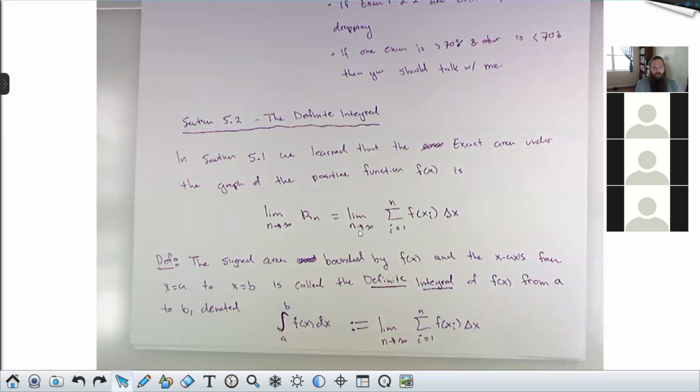The fundamental idea is that as n goes to infinity, delta x gets really, really small, right? As you use more and more rectangles, the width of each rectangle gets smaller and smaller. So as n goes to infinity, delta x becomes this infinitely small little change in x, which is precisely what we've denoted by dx in the past. So as delta x gets really, really small, we call it a dx.